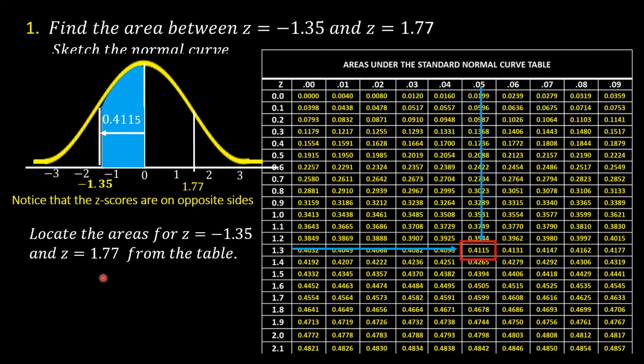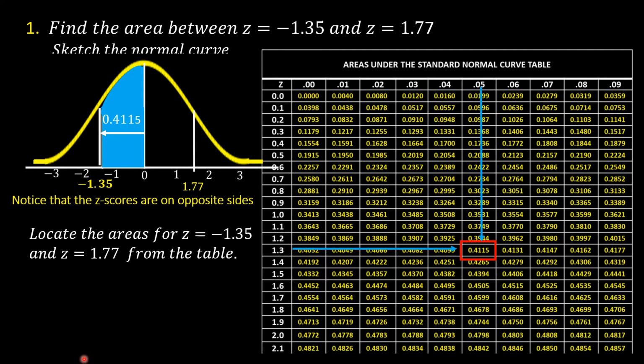And then look at the first two digits of z is equal to 1.77 in the first column. This is the 1.7. And then look at 0.07 in the first row. This is the 0.07.